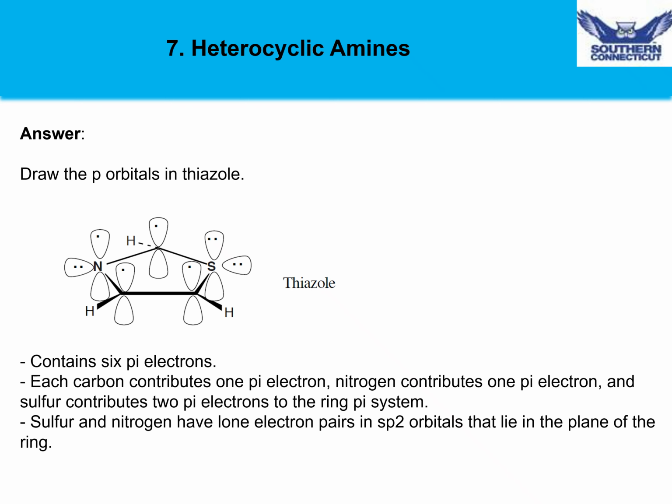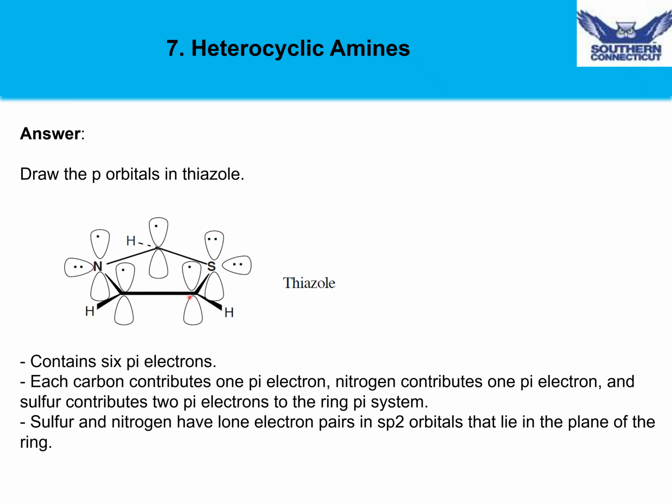Thiazole is a molecule that contains 3 carbons, 1 nitrogen, and 1 sulfur. The sulfur uses one of its lone pairs to complete the aromaticity of this compound. So we're going to put a lone pair on the sulfur in a p orbital.